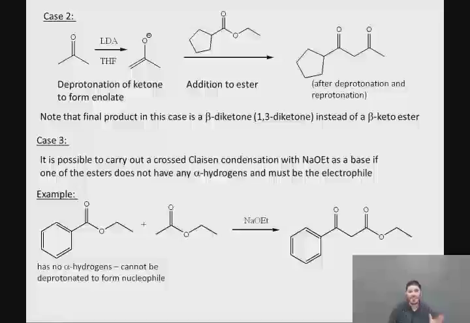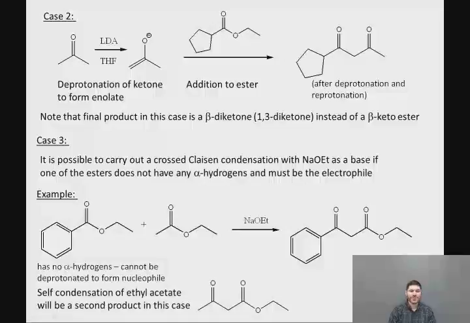So the ethyl benzoate cannot be deprotonated, only the ethyl acetate will get deprotonated, and the enolate that you generate out of ethyl acetate is then going to add to the carbonyl of ethyl benzoate to give the beta keto ester product that is shown. Now do note in this reaction that the self-condensation of ethyl acetate to give ethyl acetoacetate will be a second product in this case.